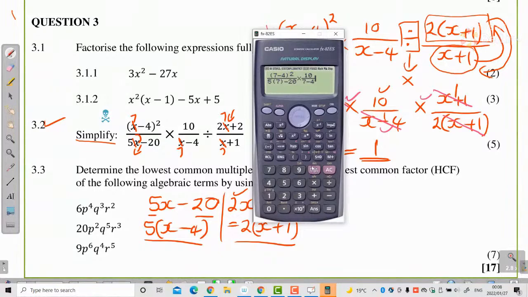It's in a fraction way, divided by 2 into 7 plus 2 over 7 plus 1. So remember, it gave us a 1. See, when I press equal to, it gives me a 1. So guys, that's how you can test.